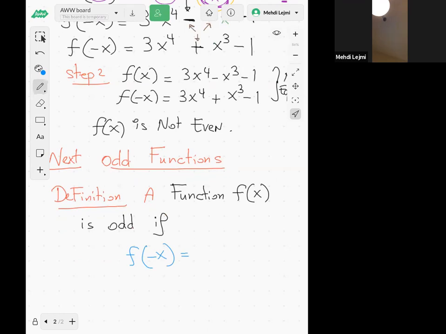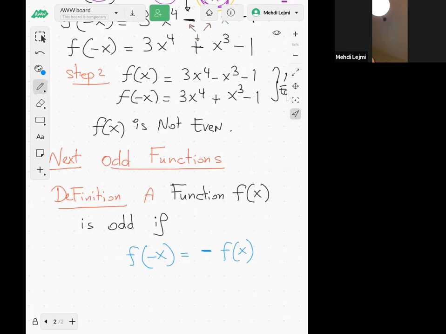But for odd functions, f of minus x is equal to minus f of x. Okay, so we have this minus, or the opposite, of the function f of x. So you have this minus outside the function f, right?